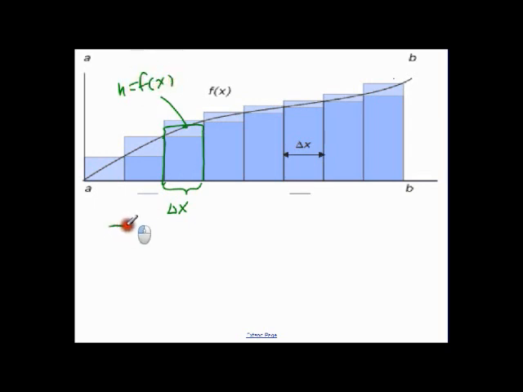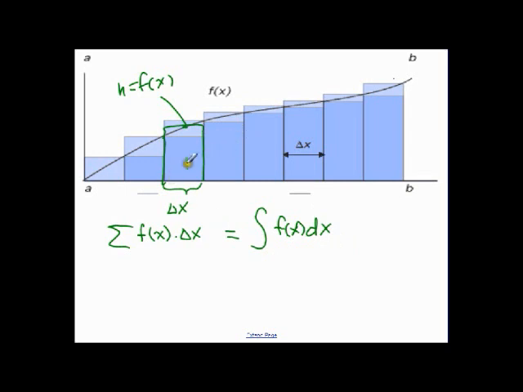So what we're going to do is sum all the rectangles that have f of x times delta x, and what we eventually get is the integral of f of x dx.